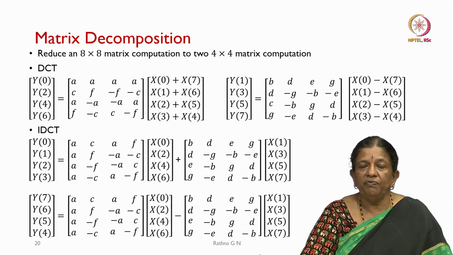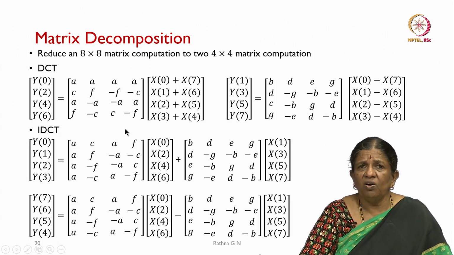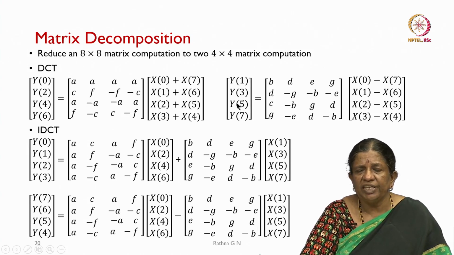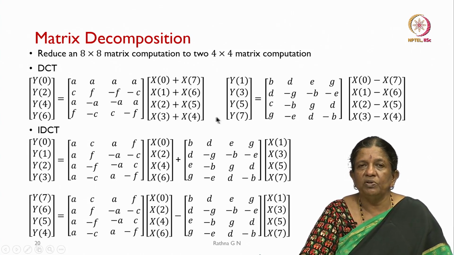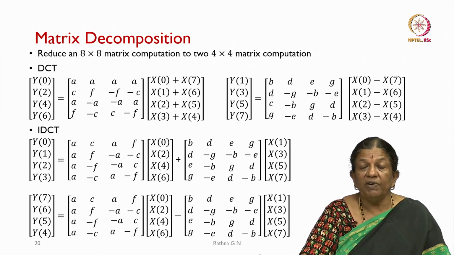One of the famous forms is what they call ACF and then BDEG coefficients, to put it in FPGA. You can use the butterfly structure, which I will be showing last, otherwise most FPGA implementations use this format, that is, instead of X0 the output will be y0, y2, y4, y6.